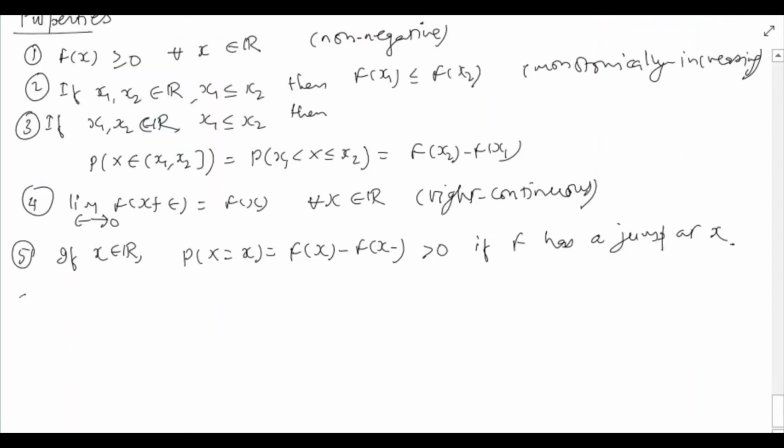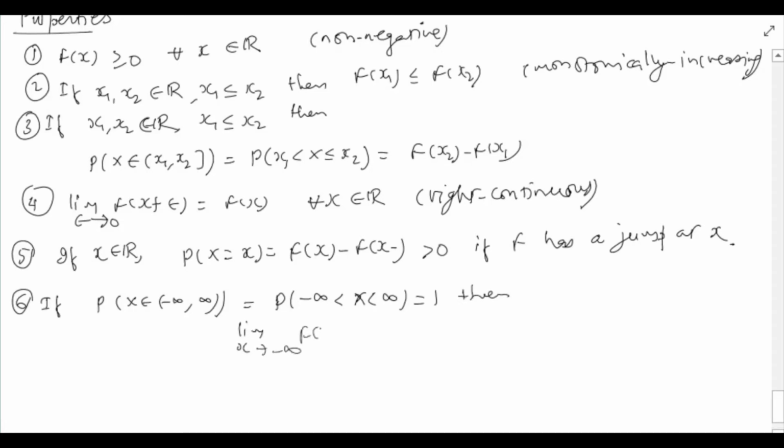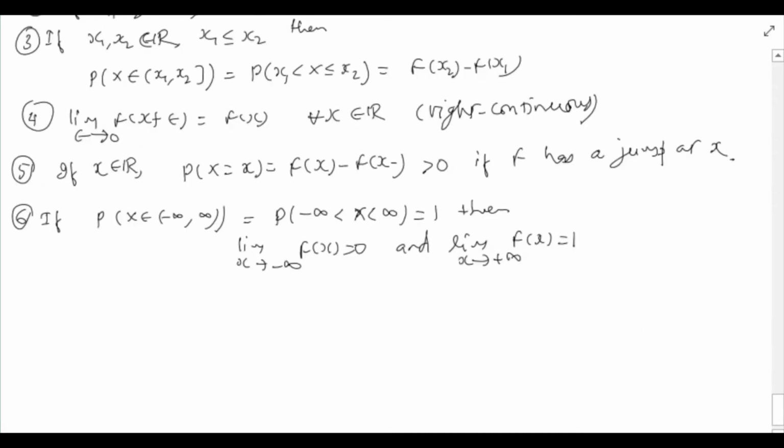Property number 6 says that if probability of X being a real number, in other words, probability of X being between minus infinity and plus infinity is 1, then limit x tends to minus infinity, F(x) is 0, and limit x tends to plus infinity, F(x) is 1.